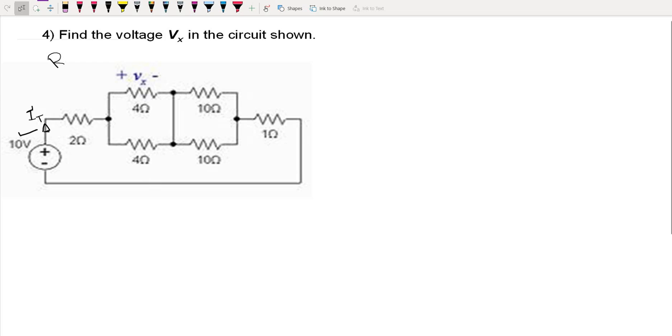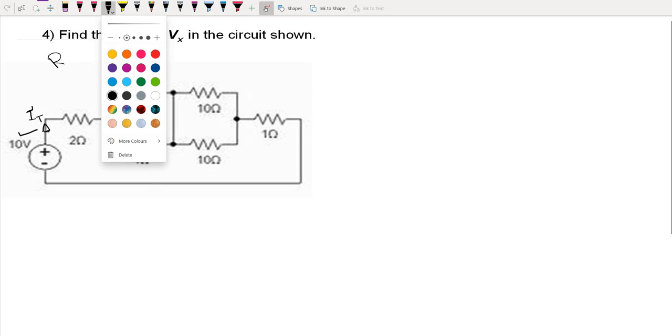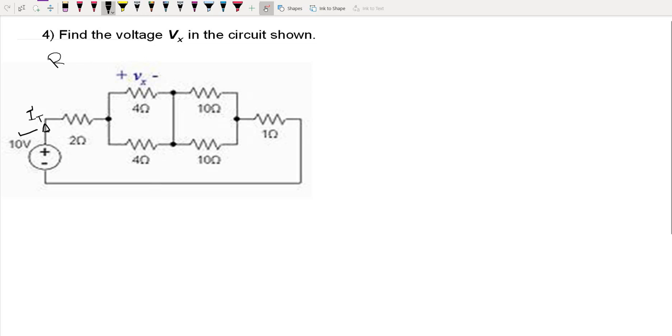Now some people may get some confusion over here, that is, how to treat this particular branch. What I can say about this is, it is a point actually speaking.